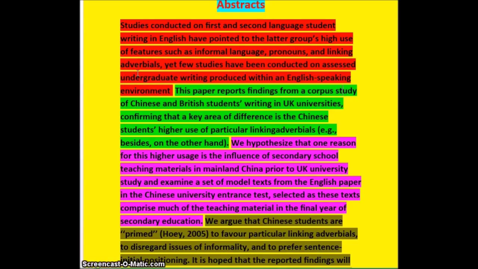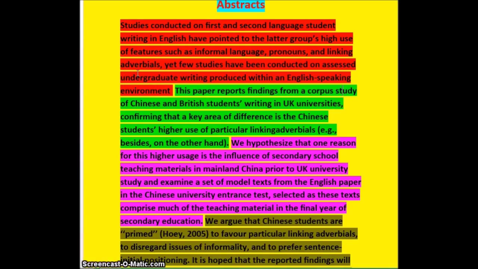So one of the things that abstracts often do is follow the outline of the paper. So this is the introduction of the paper. And then the second sentence in green tells you what the paper is about. This paper reports findings from a corpus study.